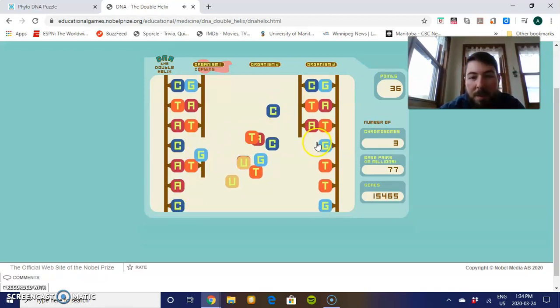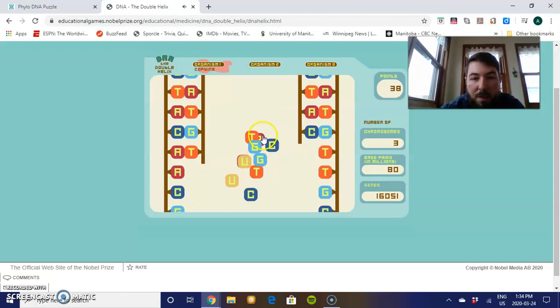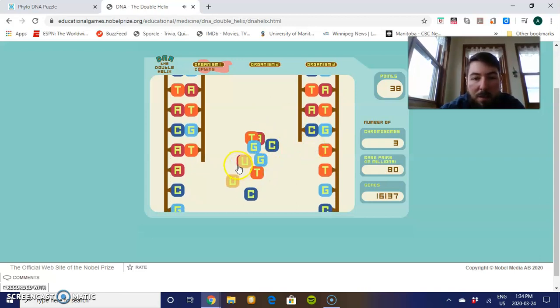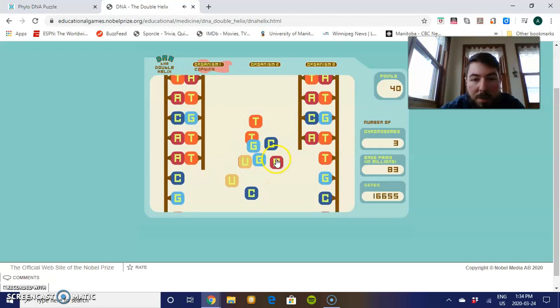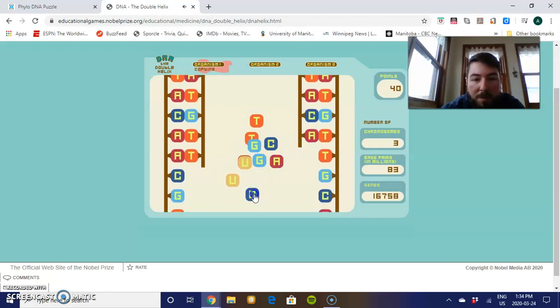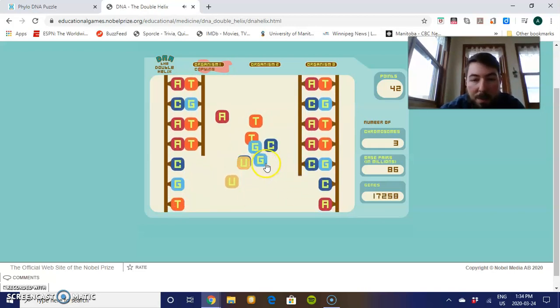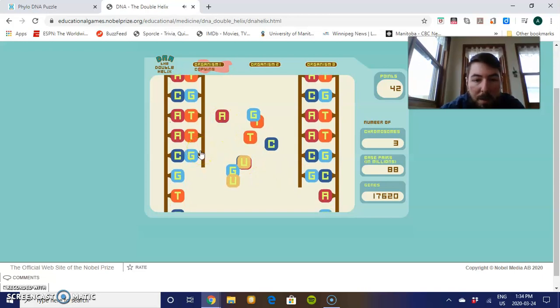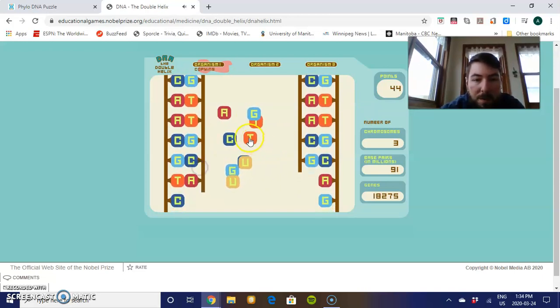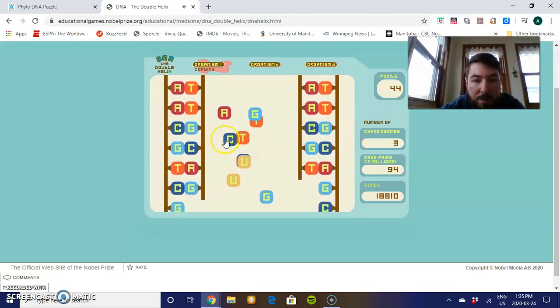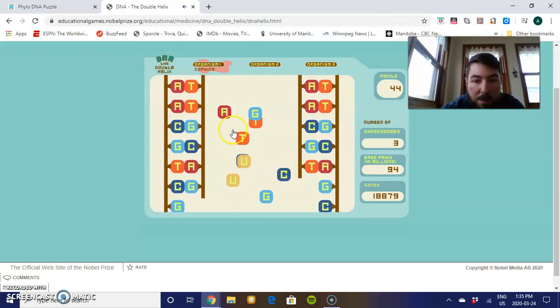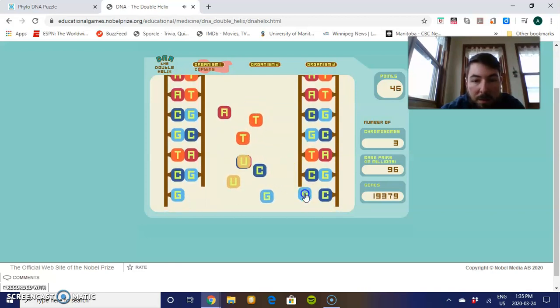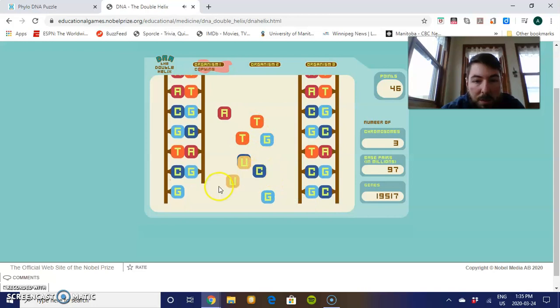G, C, A, T, A, C, G, G, A, C, T, G, C, G, C.